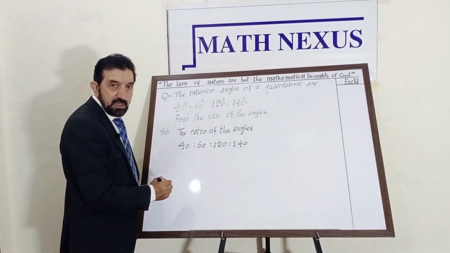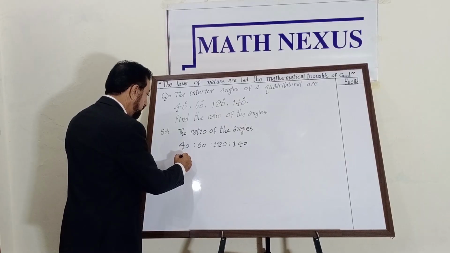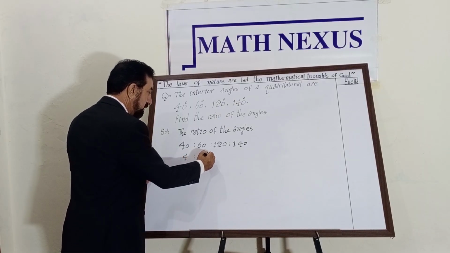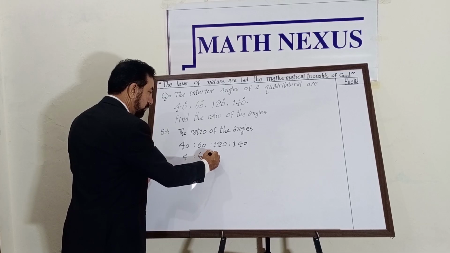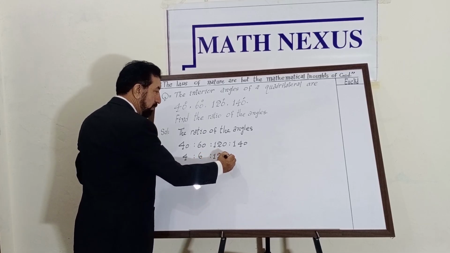This can be written as 40 ratio 60 ratio 120 ratio 140.